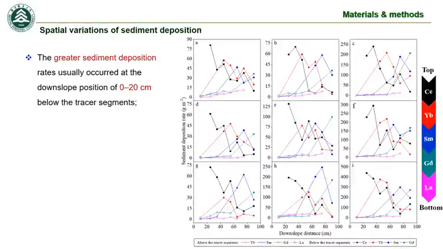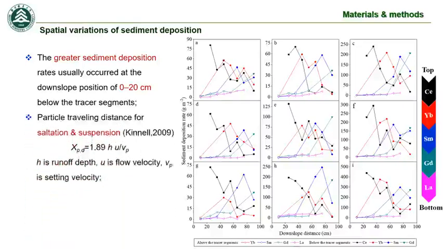There was a remarkable difference in the sediment deposition rates along the slope. The contribution of sediment deposition above the tracer segment was 7%, which was obviously less than that below the tracer segments. This is because the sediment deposition above the tracer segments was caused by splash transport.